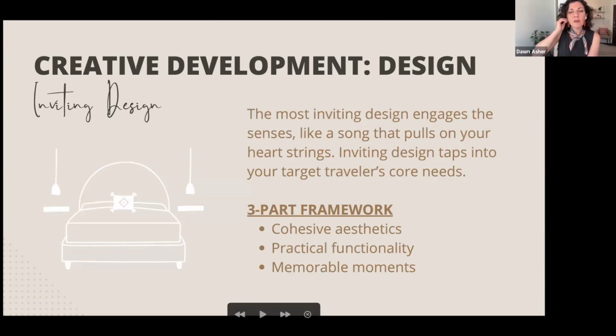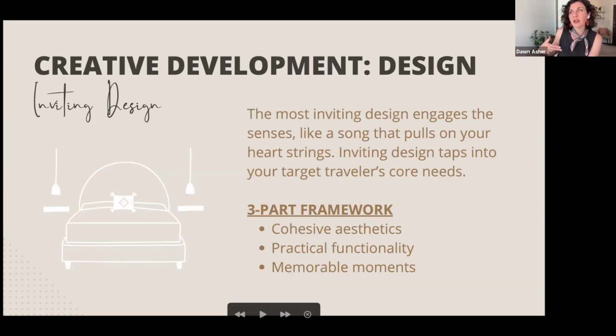And then practical functionality. That's where we're talking about space planning. We're talking about the types of furnishings and goods that your target traveler actually needs to function and live in the space. Are they looking for a chef's kitchen, right? Is your target traveler a foodie? Do they enjoy cooking at home in the space, or are they going to be out eating all the time?